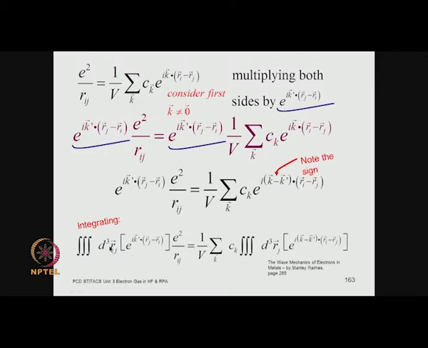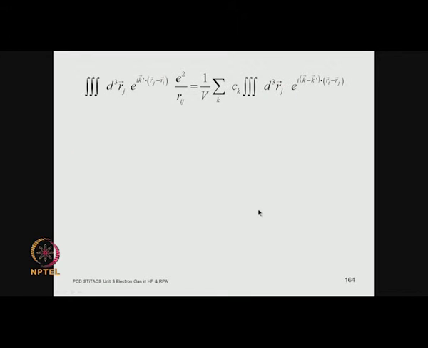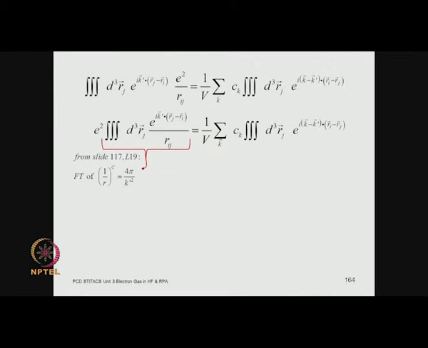You carry out a volume integration of the right hand side, and now you can see what this volume integration is going to lead you to, because all I have done here is to extract the e square out of the integration symbol, and then this is nothing but the Fourier transform of the Coulomb potential, right. So, you get 4 pi e square into 4 pi over k prime square, because you have a k prime over here. Okay.